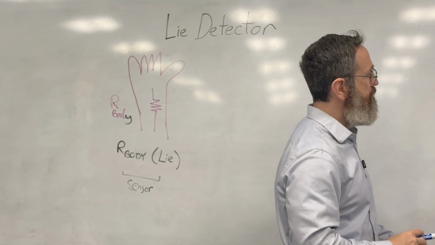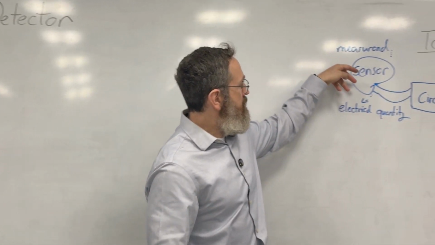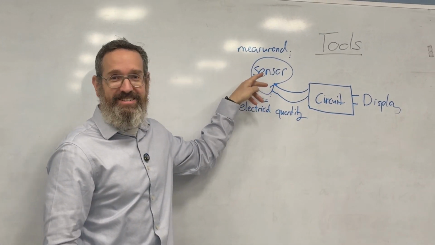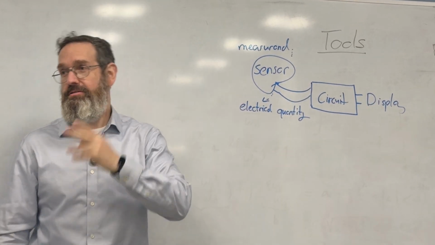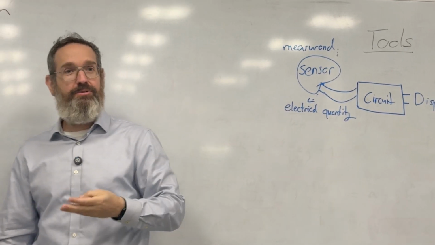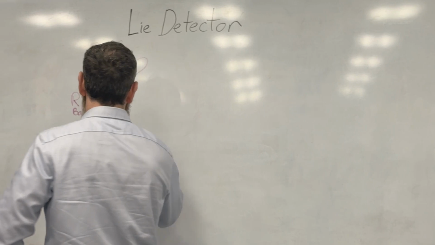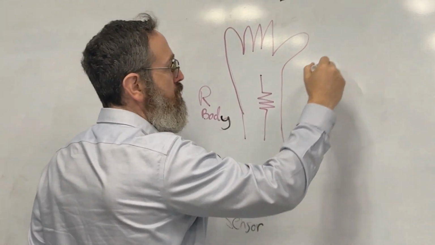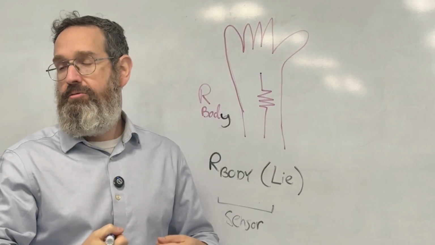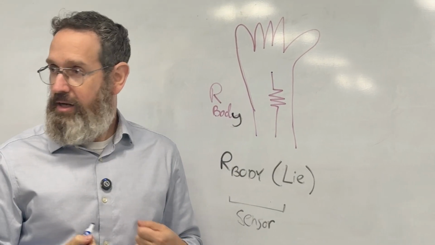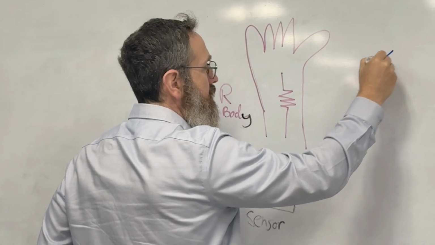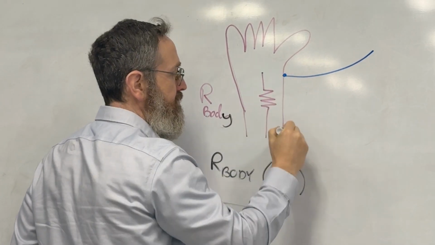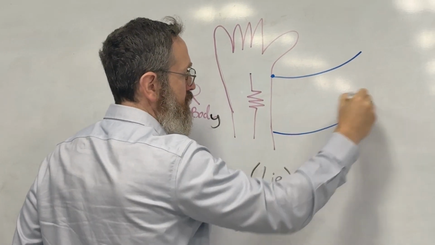So now, there's always wires running out of the sensor, right? And how many wires? Well, there's two. Always two, maybe sometimes more. And so we're going to have two wires running here. Now, we're not going to insert a wire into the body, right? We're going to take a wire and touch it here, and take another wire and touch it here.